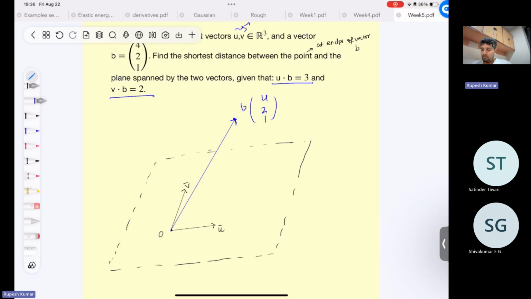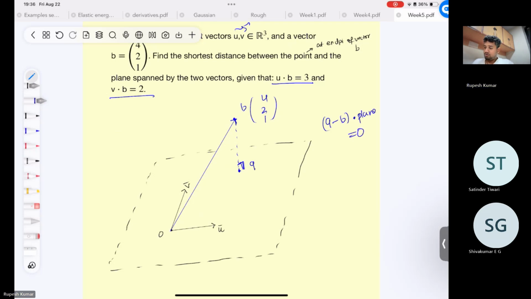The shortest distance, we know that it will be the vector going from point B to a point, let's say Q, in the plane such that the vector Q minus B is orthogonal to the plane. So the vector Q minus B dot the plane will be 0.